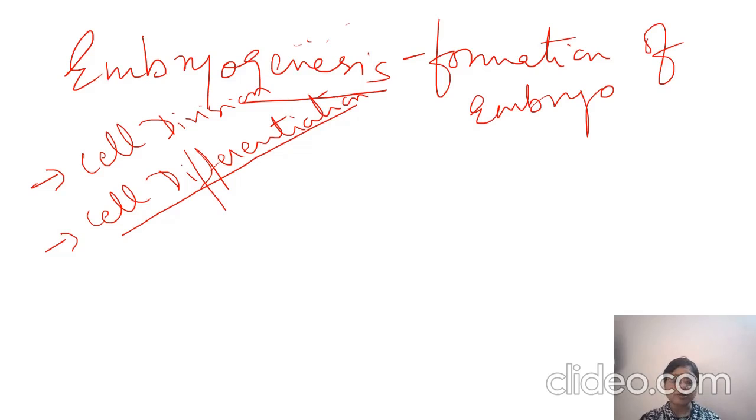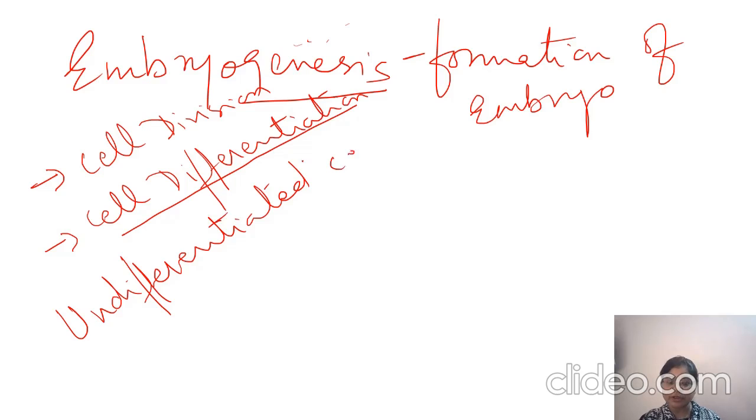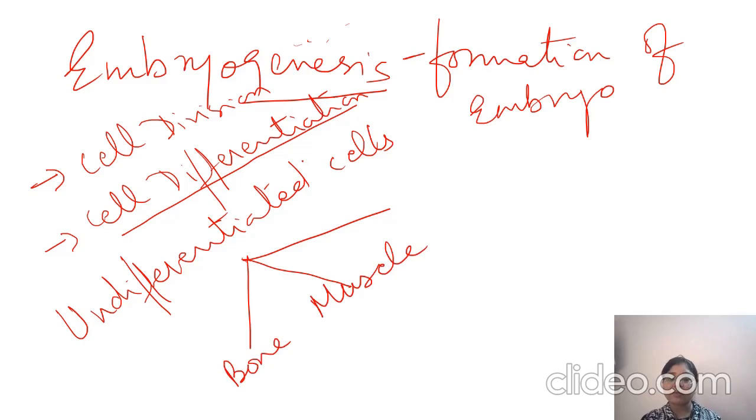Initially there are undifferentiated cells, which have the capacity to give rise to various other kinds of cells: bone cells, muscle cells, blood cells, so many cells.